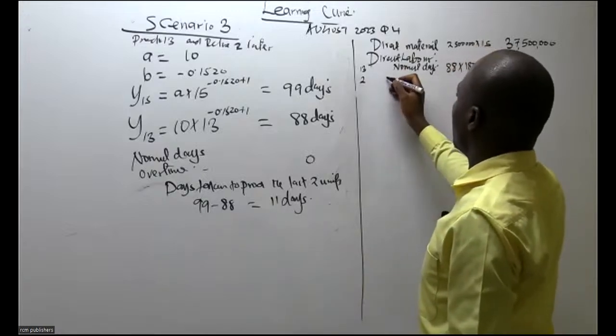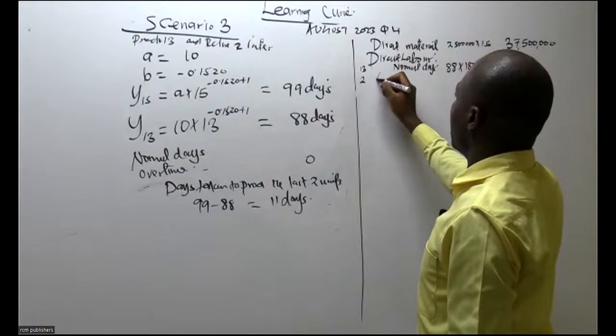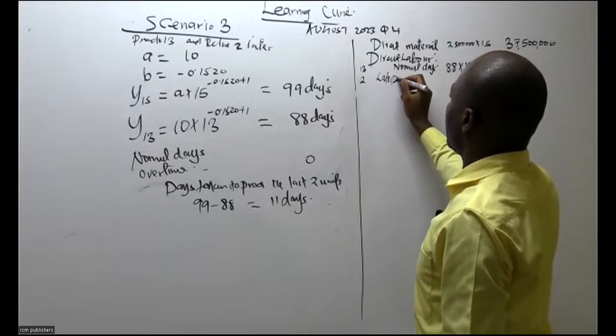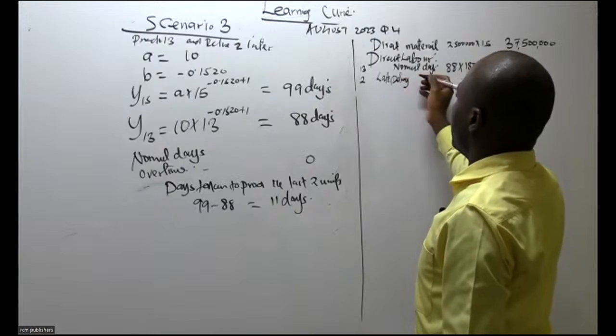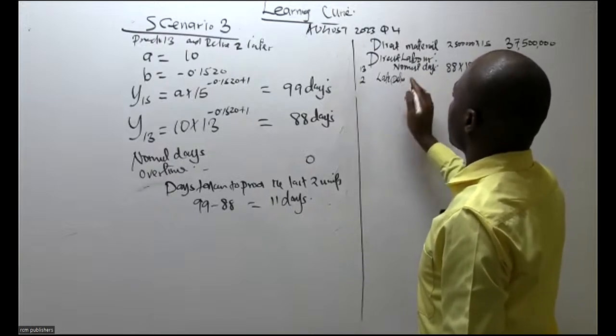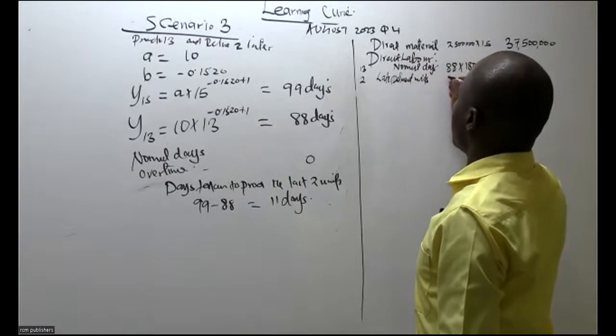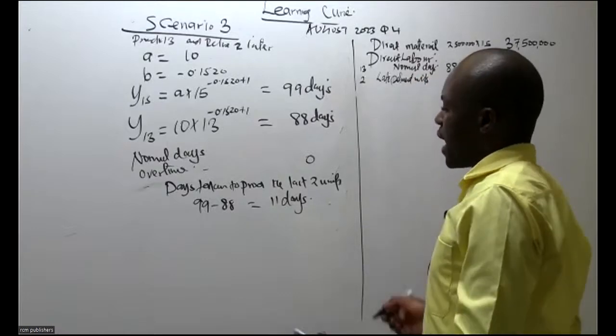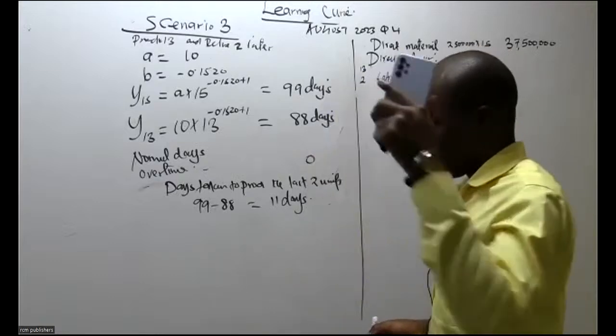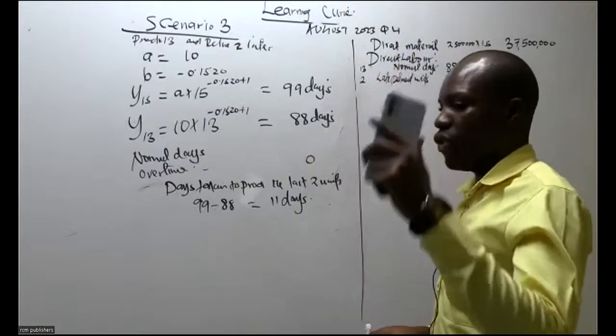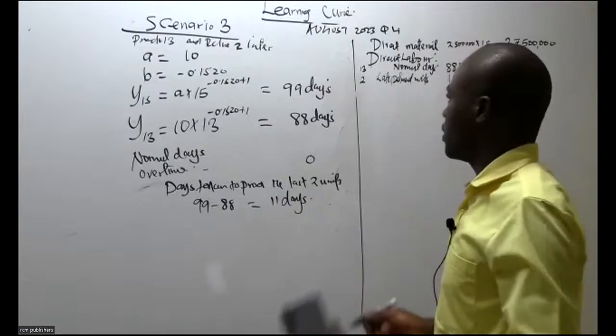Then the last 2 units, the late delivery units, they are taking 11 days, and it is not within the overtime. It is still within the normal working days.